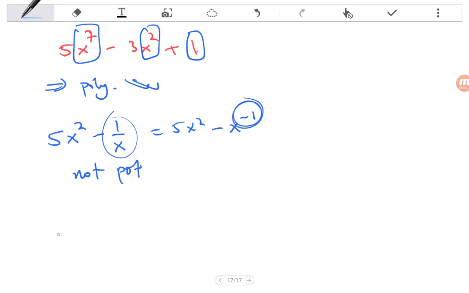Also, if I have, for example, 7x minus root x, is that a polynomial or not? No, that is not a polynomial. Why? Because we have a root, that is a fractional power, x^(1/2).